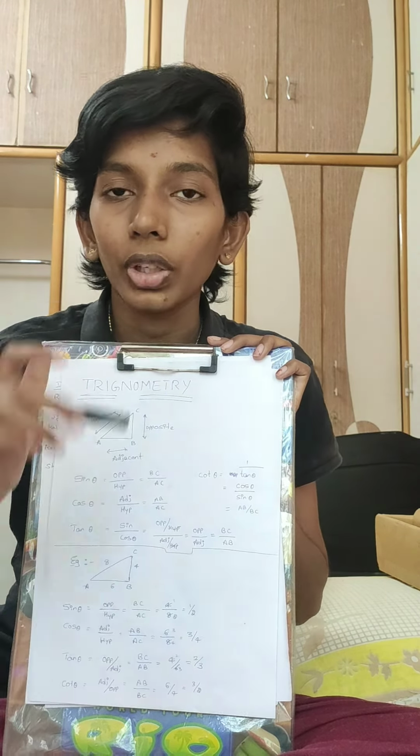And again you have cot theta here. Cot theta is nothing but adjacent side by opposite side. Basically, the reason I took adjacent by opposite is that the standard formula for cot theta is 1 by tan theta. I know tan theta, I just have to reverse it. Reverse means in place of sine, cos comes, and in place of cos, sine comes. So it is cos theta by sine theta.